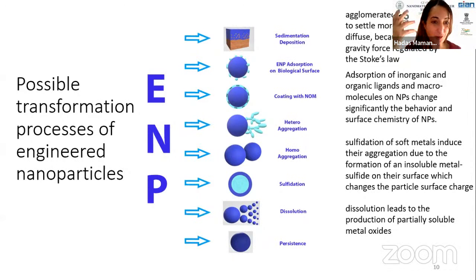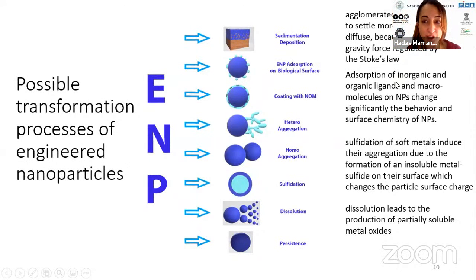Since our fluid medium is water, we consider the drag of these particles as they fall or try to sediment inside natural water. However, we know that these particles are diffuse and they don't tend to settle unless they agglomerate.